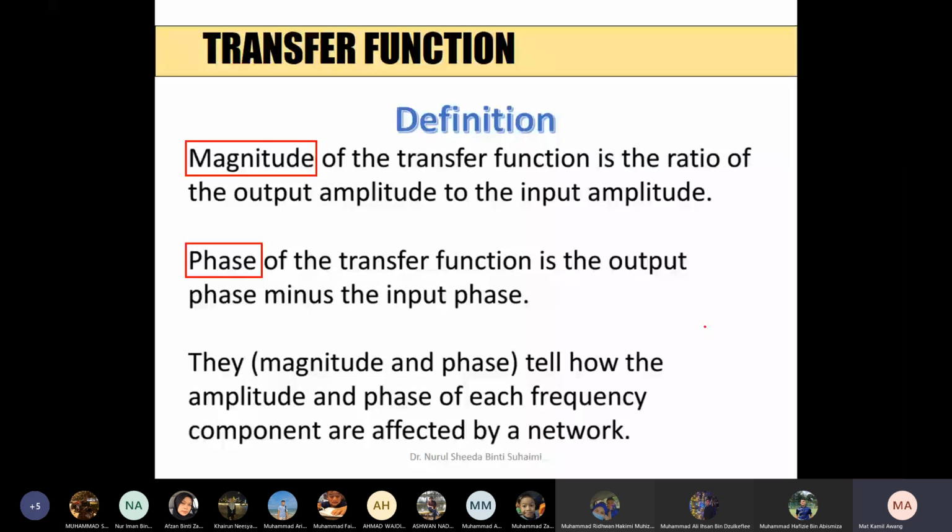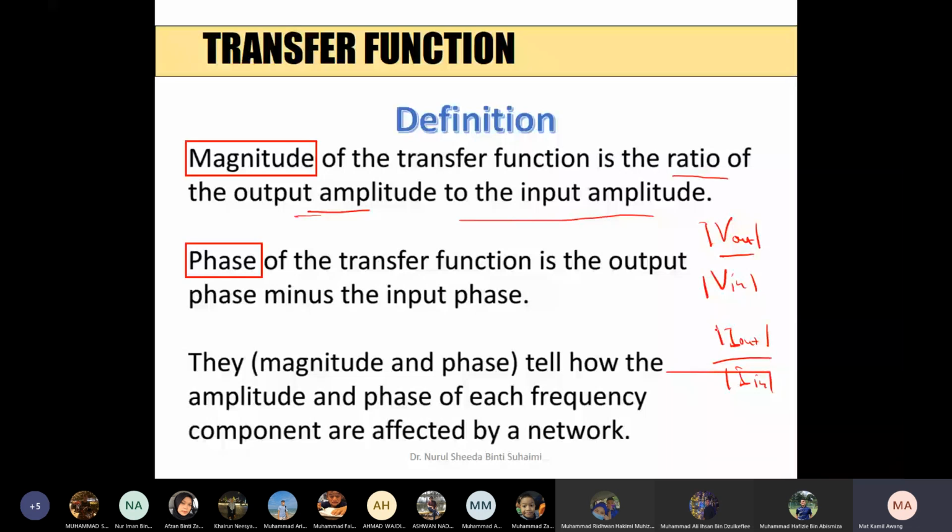What is the magnitude? The magnitude of a transfer function is the ratio of the output amplitude to the input amplitude. So basically that is either V out over the magnitude of V in, or I out over the magnitude of I in.